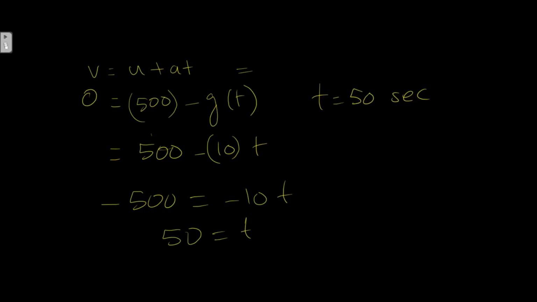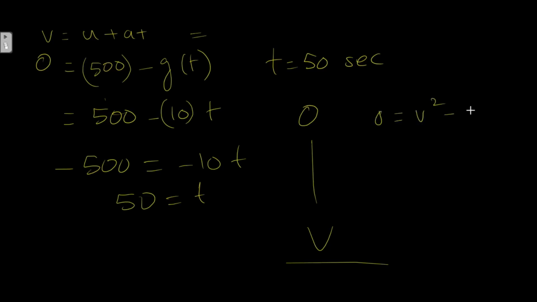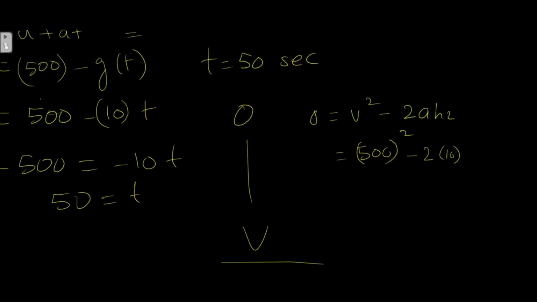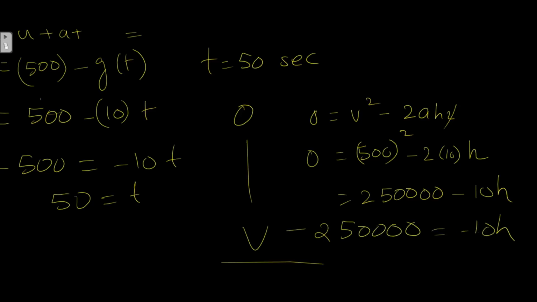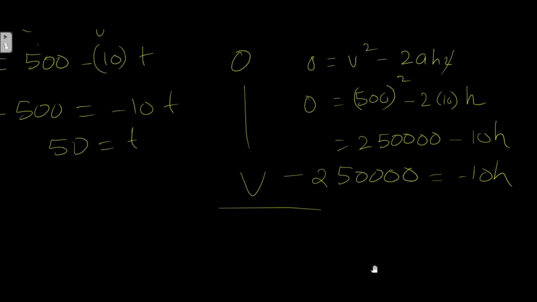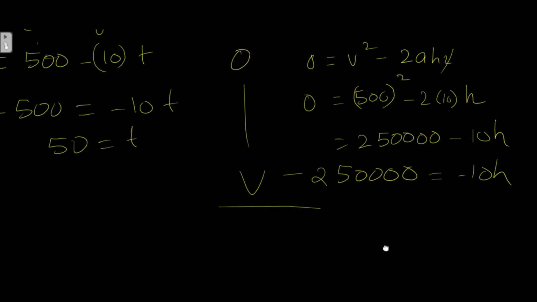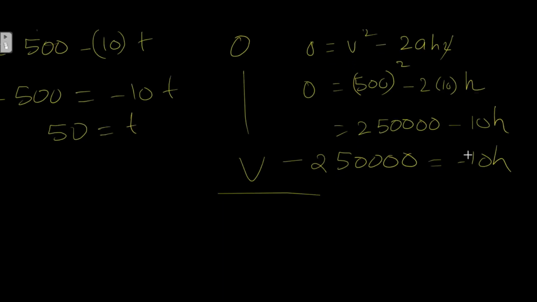Then it will come again to the earth. Using v squared equals u squared minus 2gh, here 0 equals 500 squared minus 2 into 10 into h. Here this is h2, not h. 500 squared is 250000, so 250000 equals 10h, actually 20h, since 2 into 10 is 20.